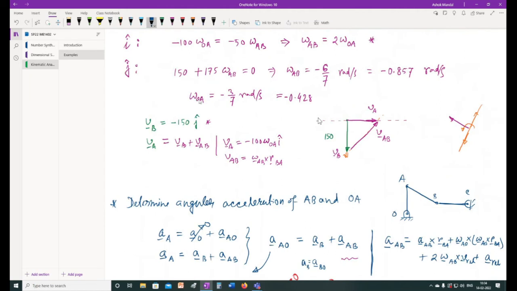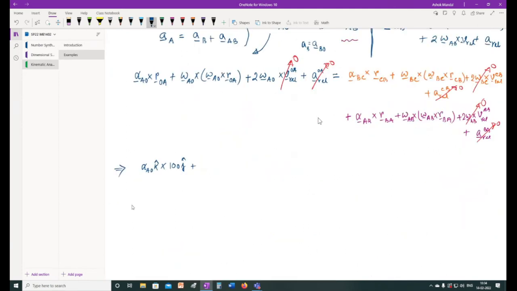Omega AO we have already obtained: minus 3 by 7 K. Write minus 3 by 7 K here also, and this is multiplied with RA, which is 100 J, and this is equal to, what is alpha BC?